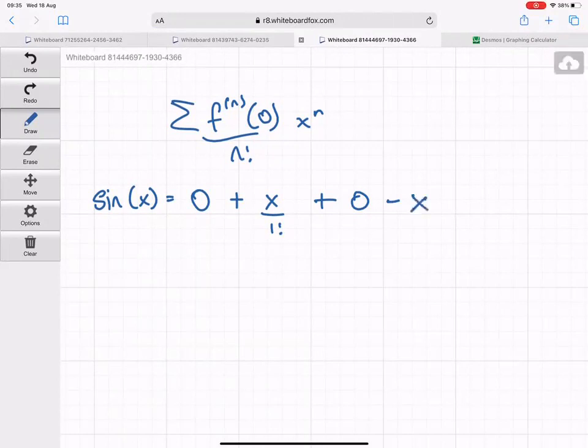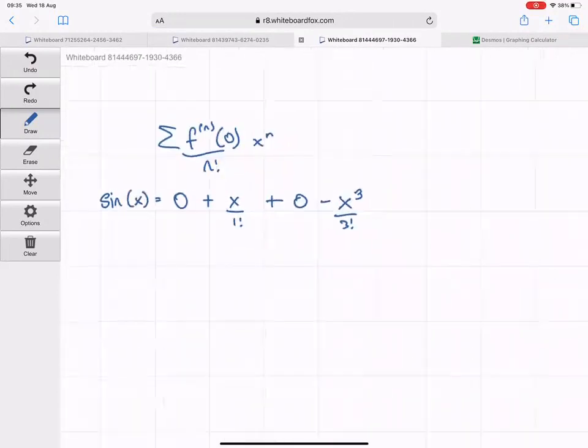So n is 3. Fourth term, but n is 3. So x to the 3 over 3 factorial. Okay, and we keep going. We'll have plus x to the 5 over 5 factorial minus x to the 7 over 7 factorial plus and so on.